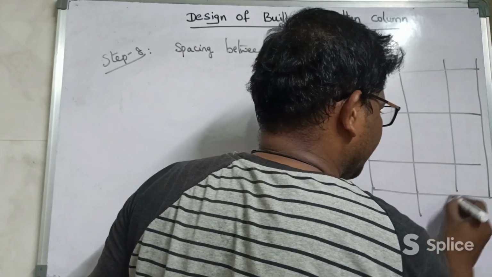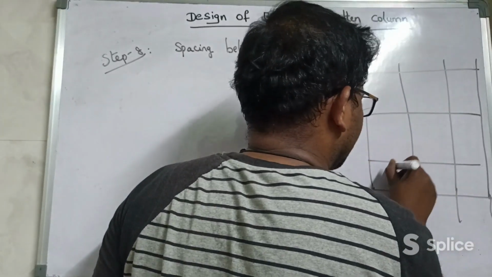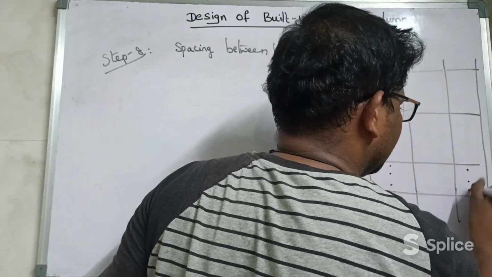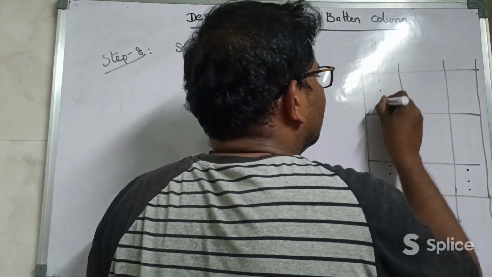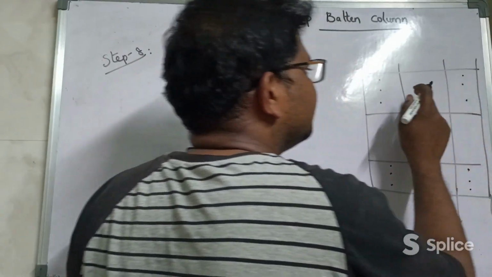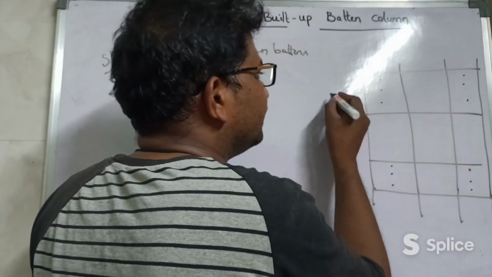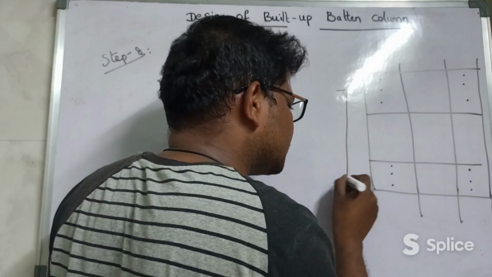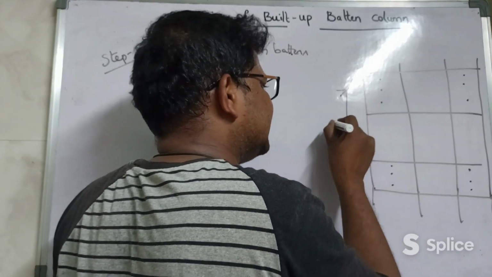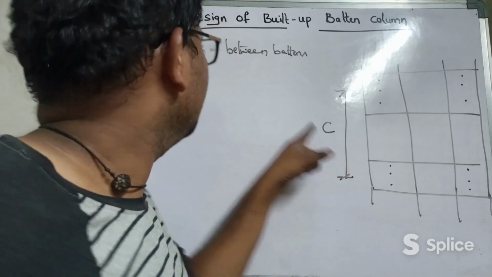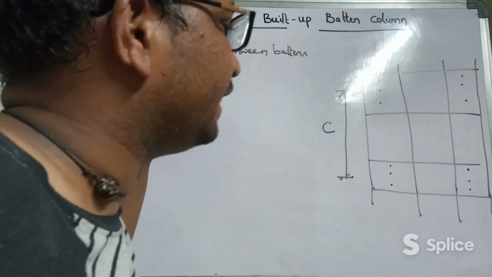Here I am having another batten like this. I have placed this batten with the 3 rivets. This is one batten, this is another batten. This spacing between these 2 battens can be represented by C. We need to determine this spacing C in this step number 8.